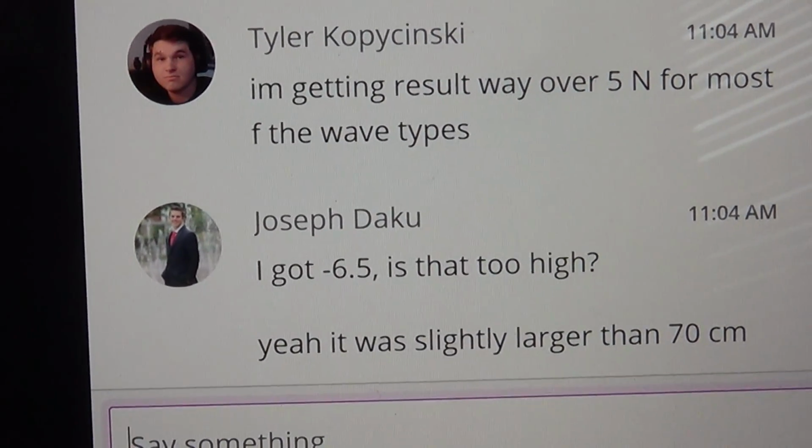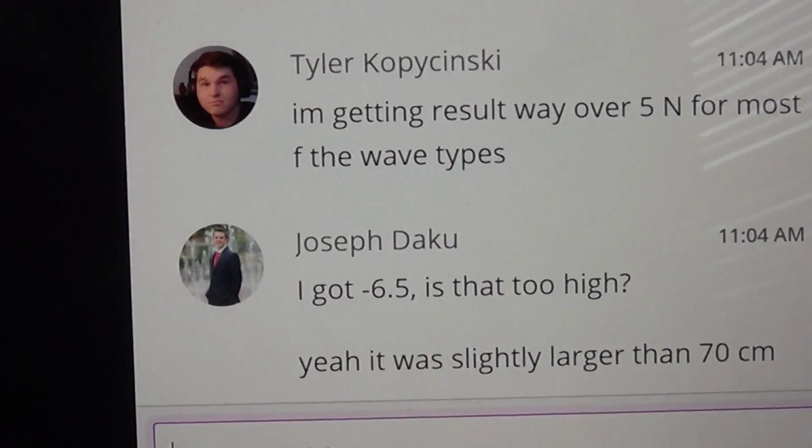And yours is larger than 70 centimeters. Okay, so kind of like mine. I'm thinking that 6.5 might be too high. See if you can play around with the tension and get that.